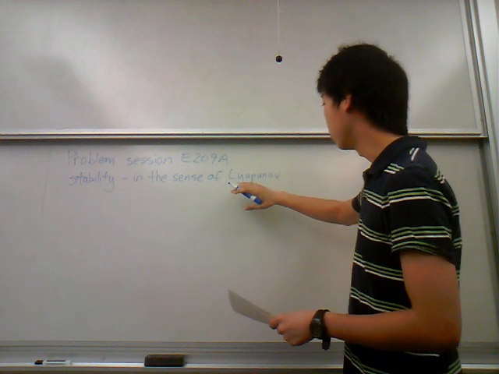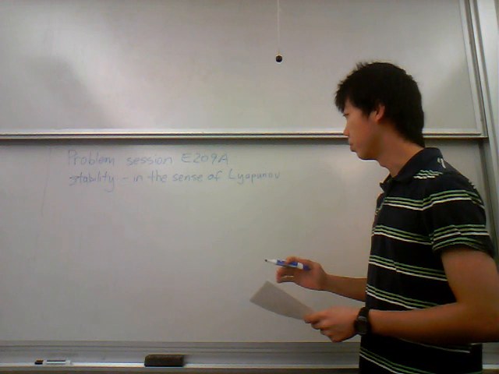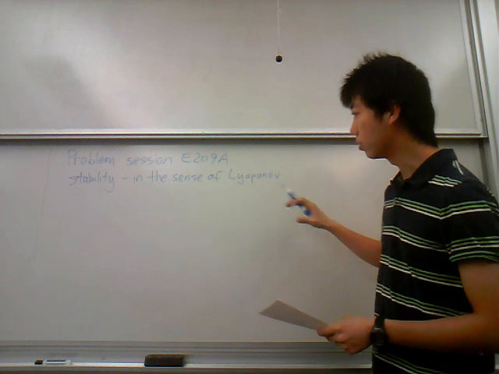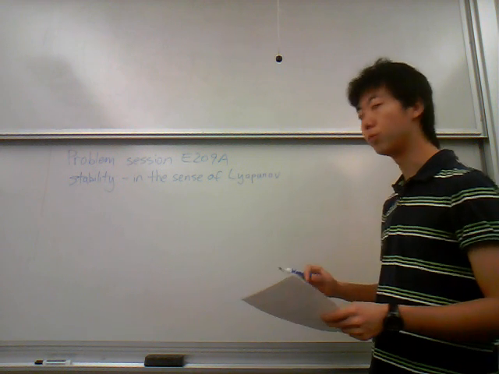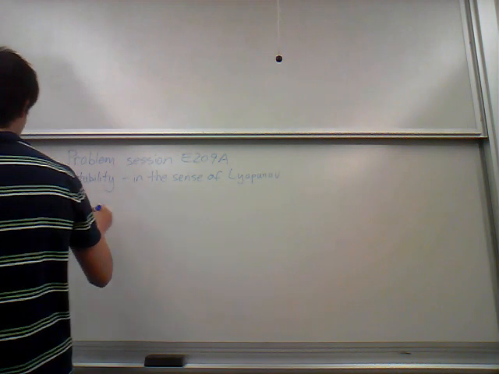Really, the Lyapunov theory gives us ways to characterize stability, especially of an equilibrium point. When we do limit cycles, then we have to use the invariant set theorems, which I'll talk about a little bit later. But first, we'll look at stability of equilibrium points.